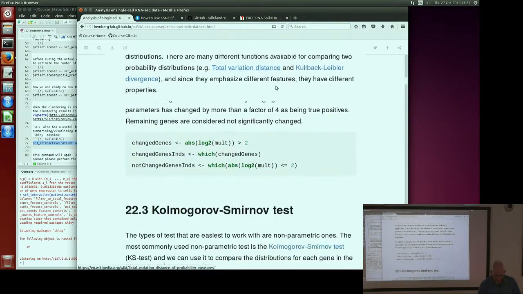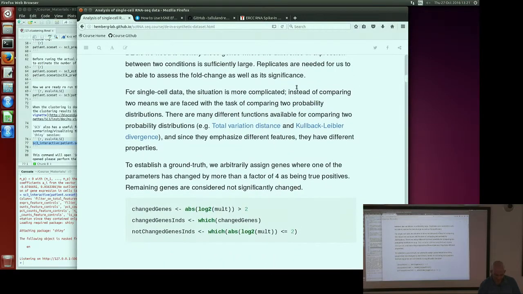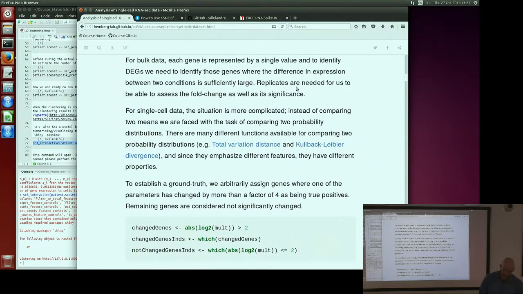What I should mention is that the next problem is that now we have 2 different data sets where one of the parameters has changed for each gene between the two data sets, but that still doesn't tell us what constitutes a change.